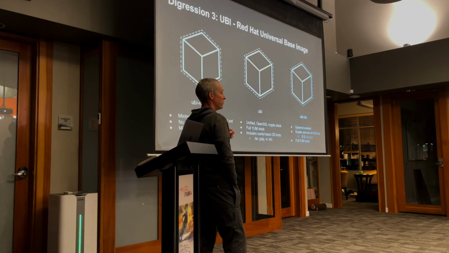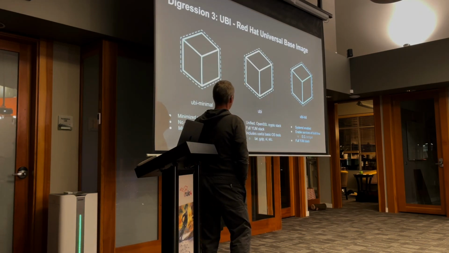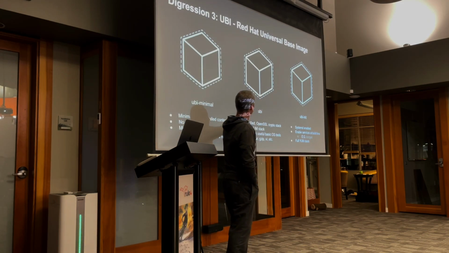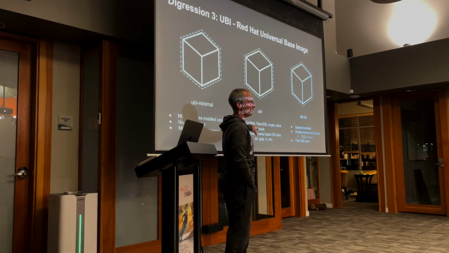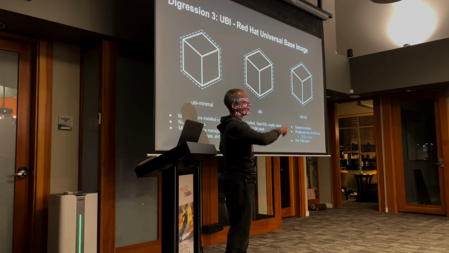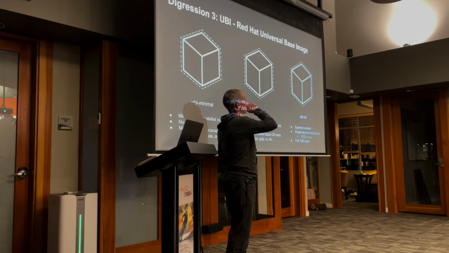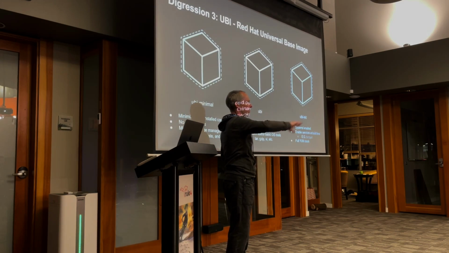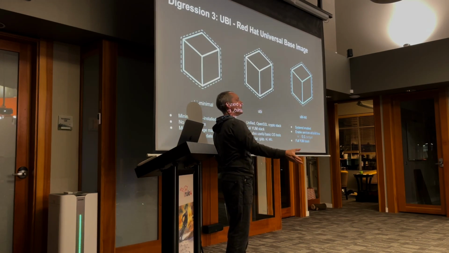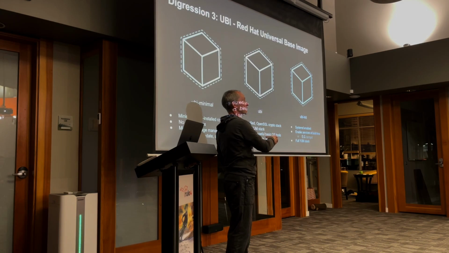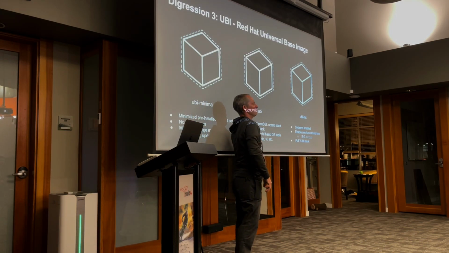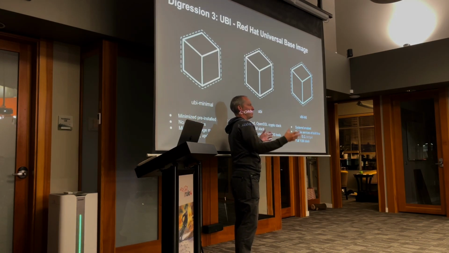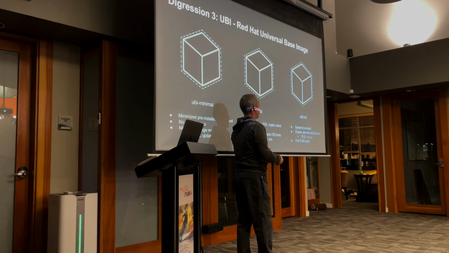Then you've got UBI, which is much more like a very small Linux distribution. You've got Yum in there, or DNF. So your container file can say DNF install httpd or sshd or whatever isn't in it. So in your build process, you can treat it like a VM in terms of the way you handle packages.